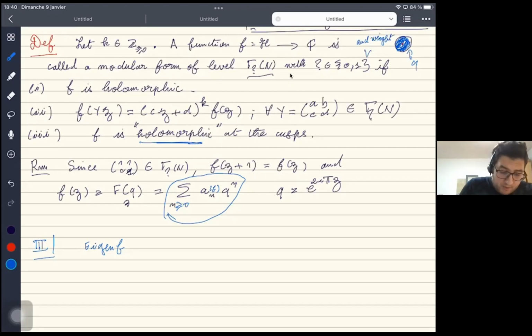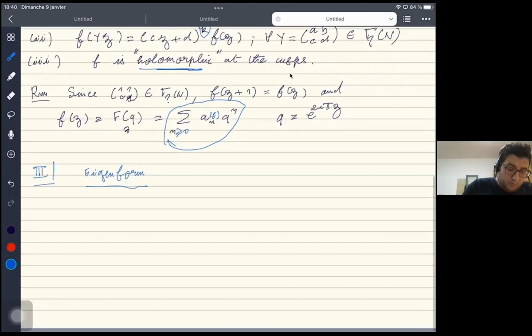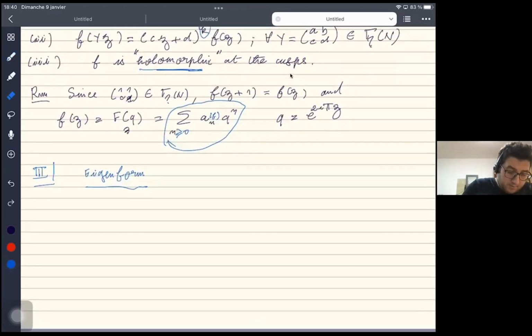So the weight shows up here. You fix k, and you have the weight and the level for which you have this cocycle condition; f looks like a cocycle. To introduce the notion of an eigenform, I need to introduce what we call Hecke operators.